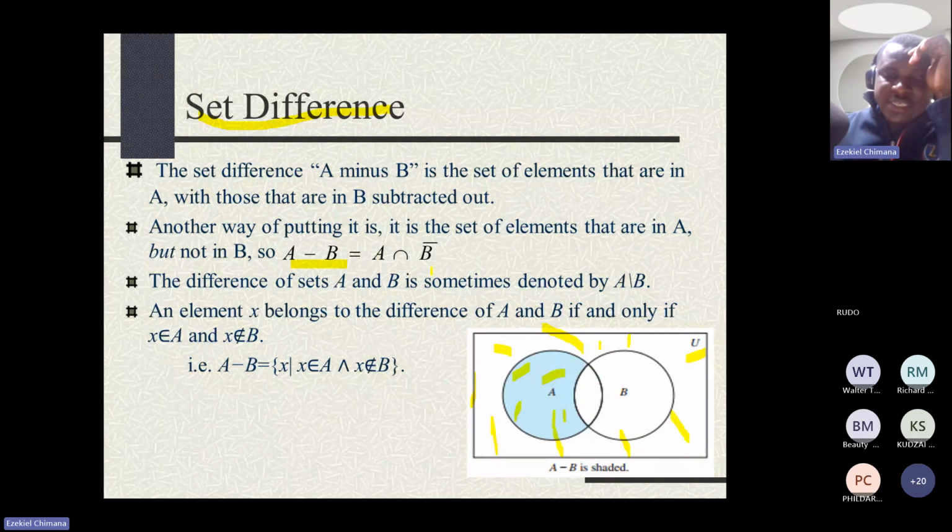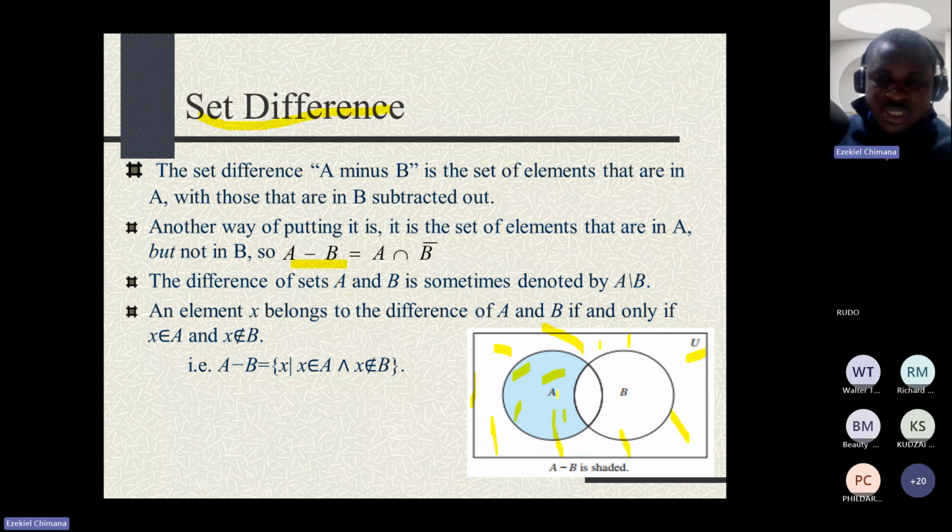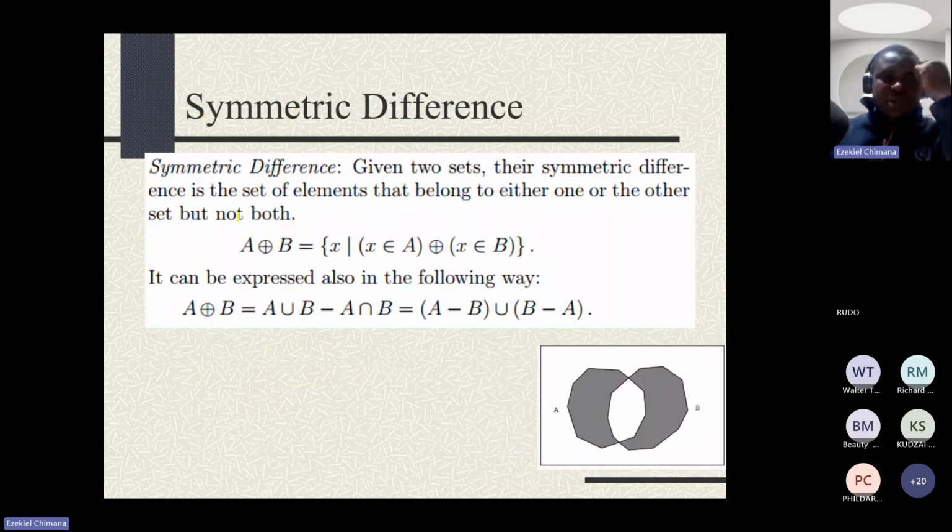But when you say intersecting B complement, the elements common to A and B complement are only the elements which are only in A, this part. So this is where A intersecting B complement is coming from. A minus B is identical to A intersecting B complement, and we are taking those elements which are only in A. So take note of this when you are doing those questions in the assignment where you'll be asked to shade some portion.